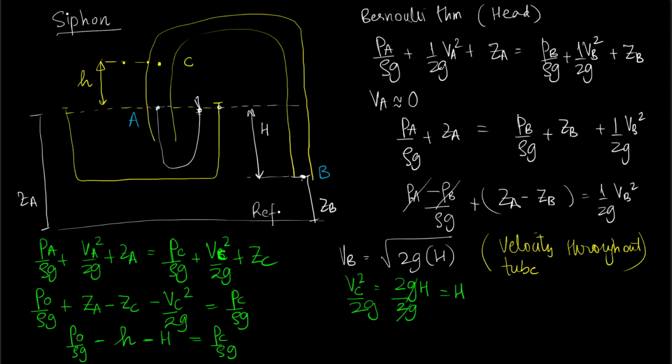And so this implies that at any point in the tube which is at a height small h, the head due to pressure will be equal to the atmospheric head minus small h minus capital H.